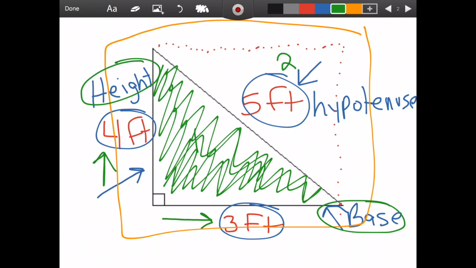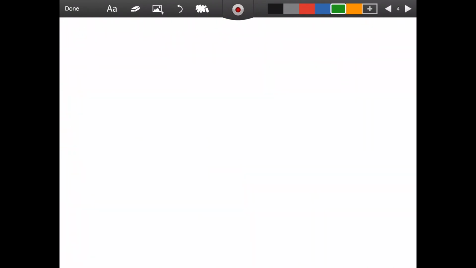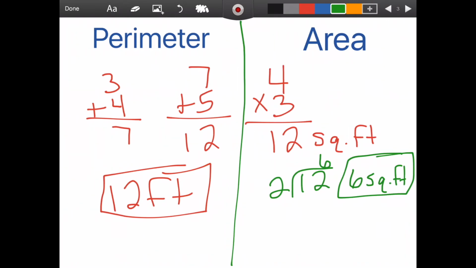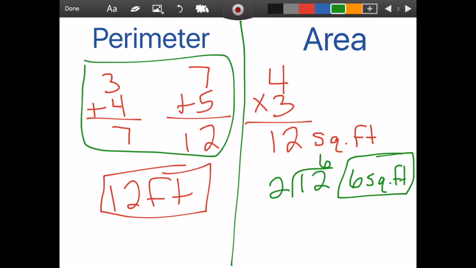Now you'll notice that we actually never needed this diagonal side here. We never needed that at all when we were finding the area of that right triangle, so keep that in mind. In the future, remember, when you're finding the perimeter, all we really need to do is add together those sides.